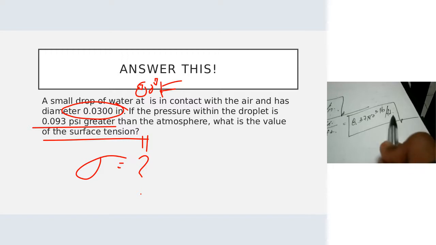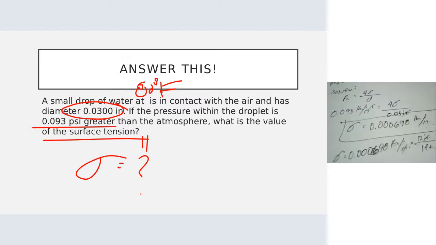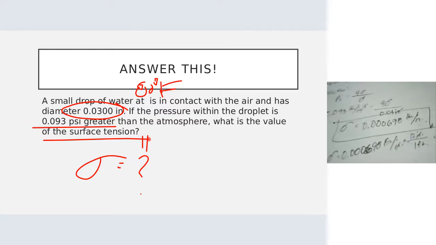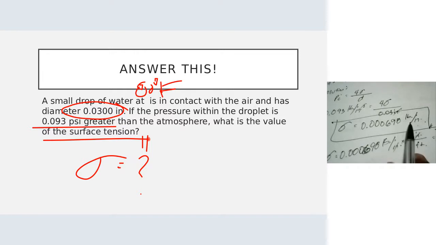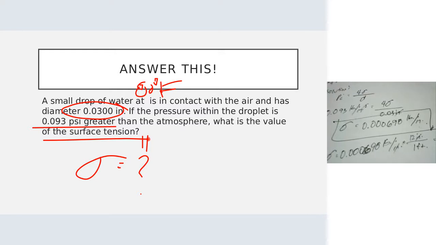Now, if the problem doesn't say to convert from English to SI, don't convert it to Newton per meter. Just leave it in English units, because it is harder to check otherwise, and I am not confident of the equivalent units. So if it's not indicated, don't convert.